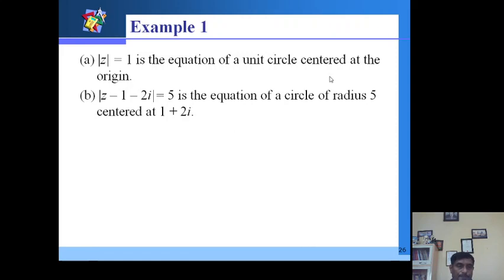Mod z is equal to 1 is the equation of a unit circle centered at the origin. And another one, mod z minus 1 minus 2i is equal to 5 is the equation of a circle of radius 5 centered at 1 plus 2i, because you know that z minus z naught means here the center is 1 plus 2i.